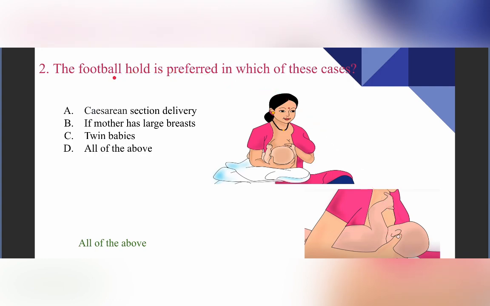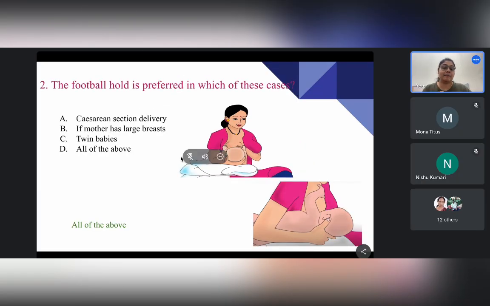This football hold is preferred for mothers who have had a C-section, and if the mother has large breasts, it enables her to take support from pillows kept beneath the elbow. So mothers with large breasts can definitely use this technique.